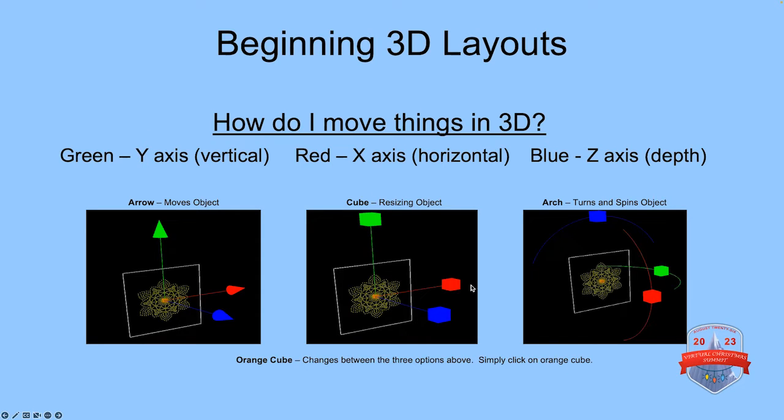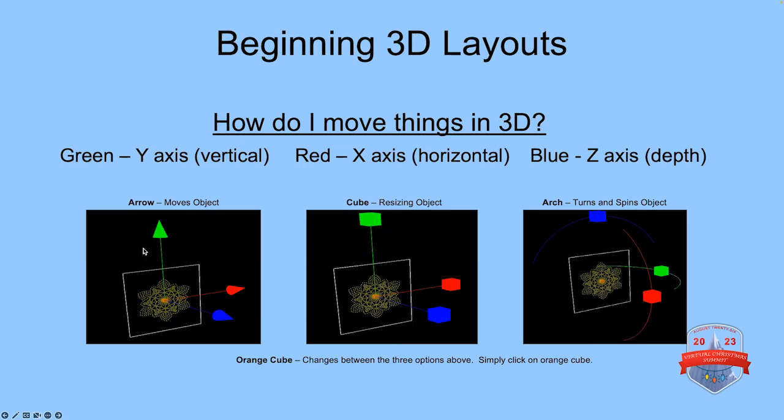Red is your x-axis, your left to right, your horizontal. Your blue is your z-axis, your front to back, or your depth. Now, in the middle of each object and model is an orange cube. This orange cube, when you select it, will change between three options. The default comes up as the arrows.